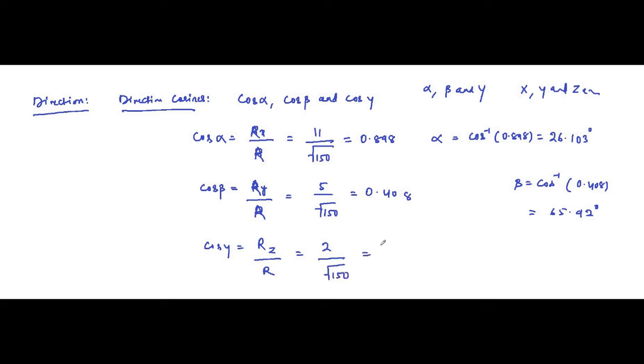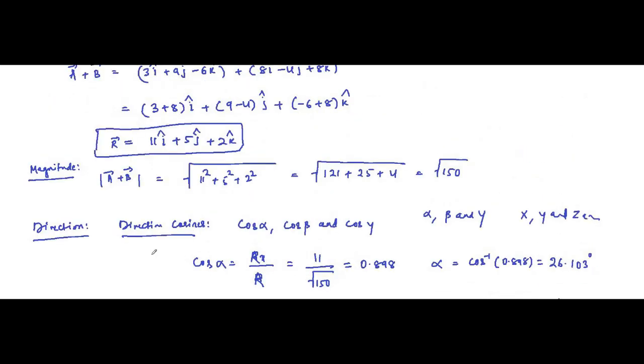So it is coming around 0.1632, and the angle gamma is equal to cos inverse of 0.1632, which is equal to 80.607 degrees.